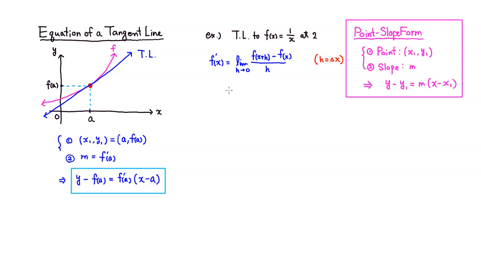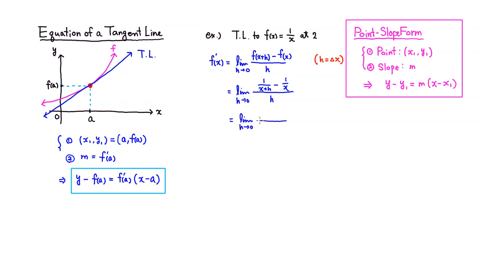Since the function is f of x, we have the limit as h approaches 0 of f of x plus h. Every time we see x, we replace it with x plus h. So this is 1 over x plus h, minus f of x, which is 1 over x, all over h. Then I'm going to combine the two terms in the numerator, leaving the limit alone for now.